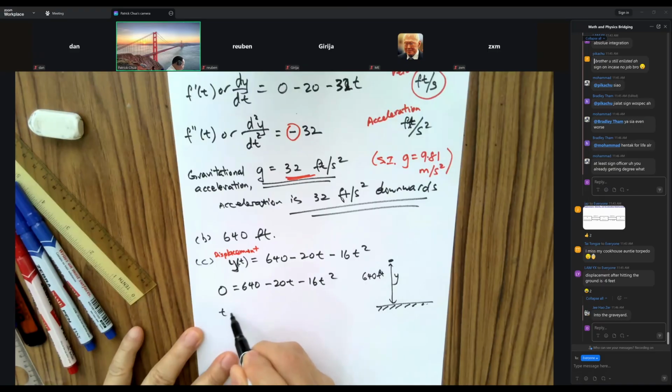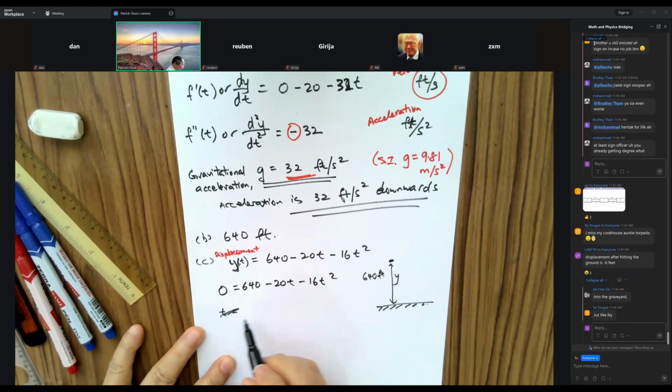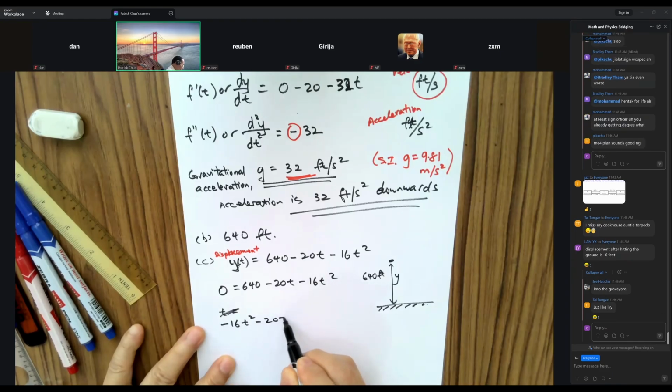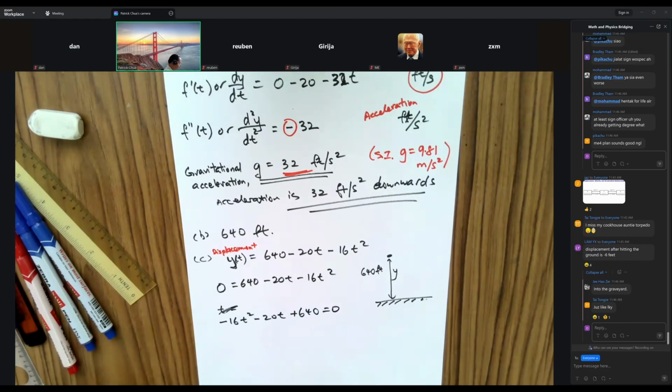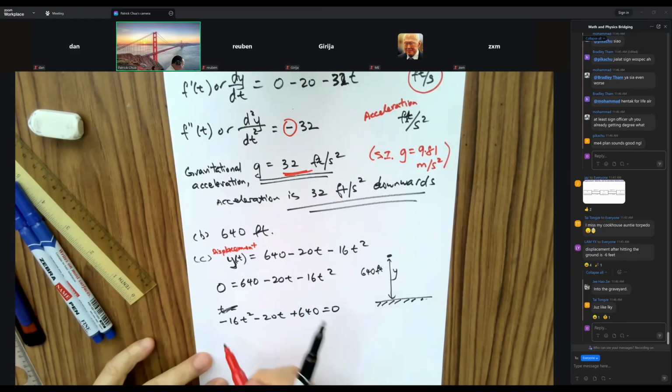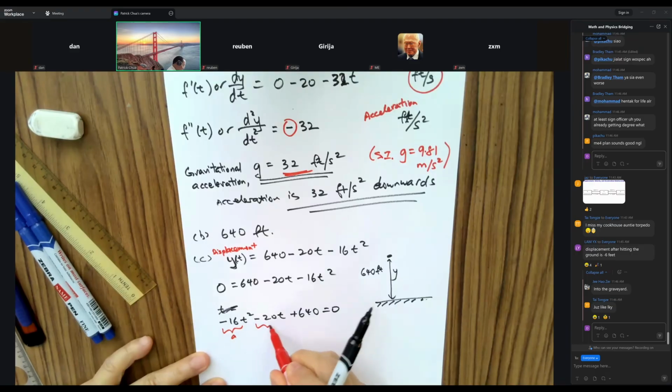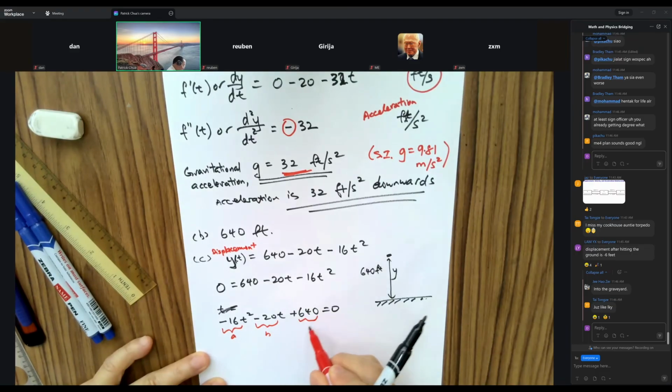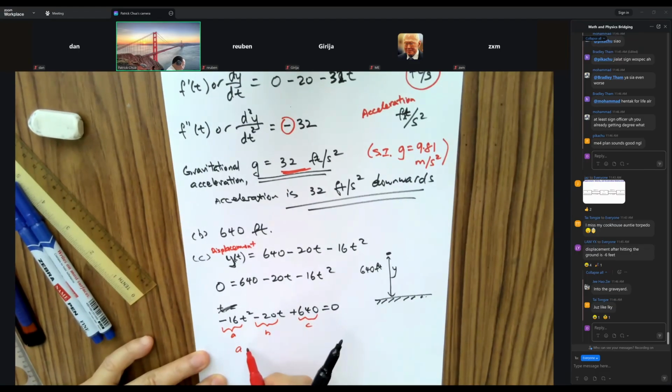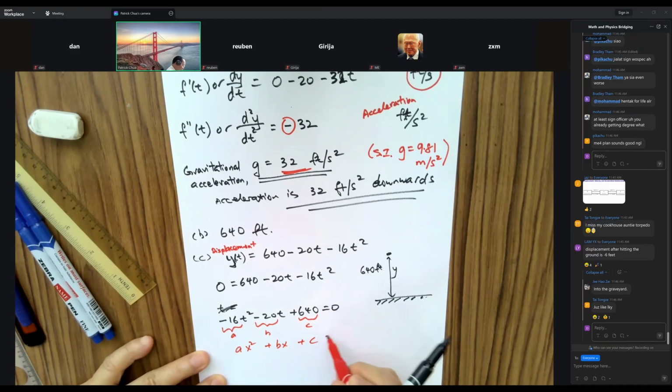Let me put it this way: minus 16t squared minus 20t plus 640 equals 0. The coefficient of t squared is a, this is b, and this constant is c. This is the form ax squared plus bx plus c equals 0.